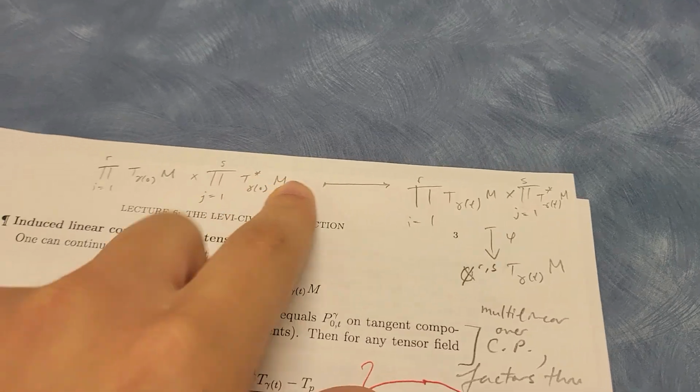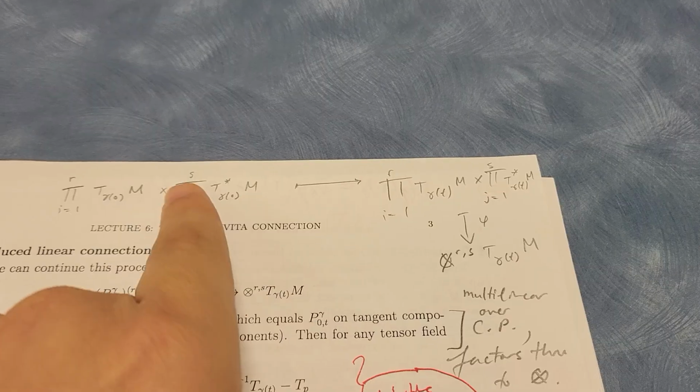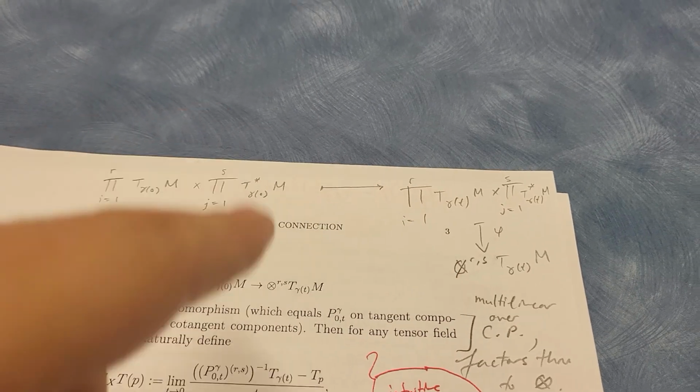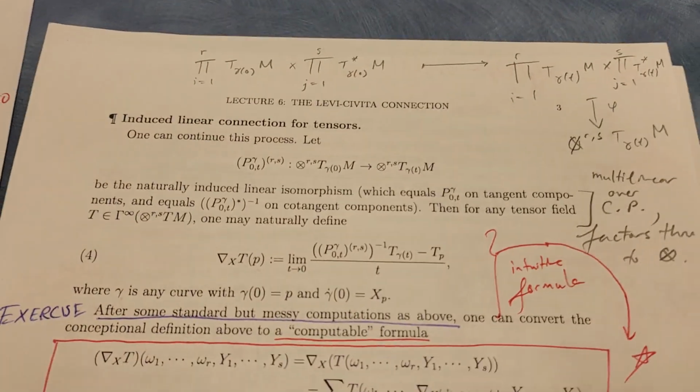And then from here, through this composition, we get a multilinear map. Okay, and this multilinear map is going to factor uniquely through to the tensor product on the domain.